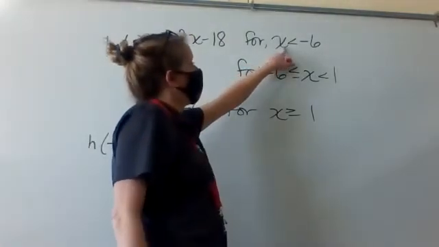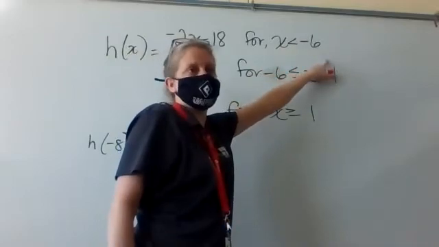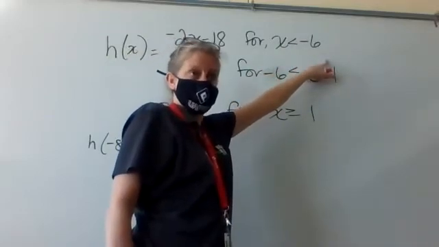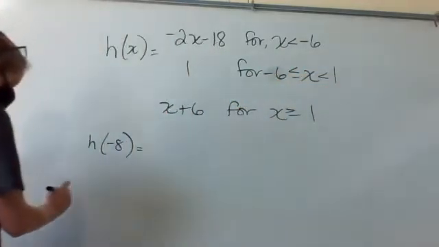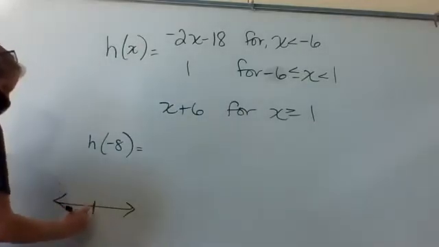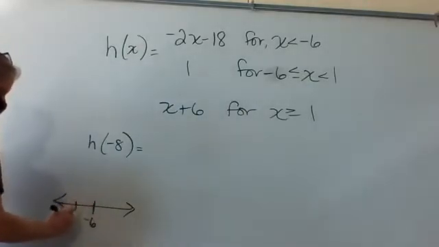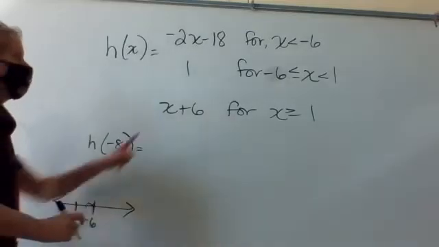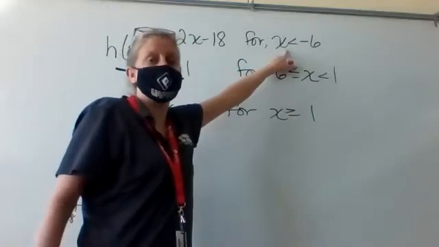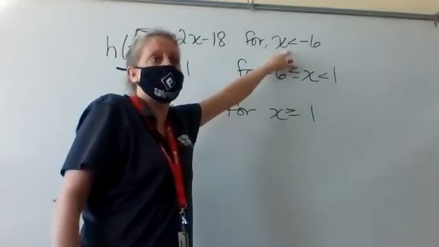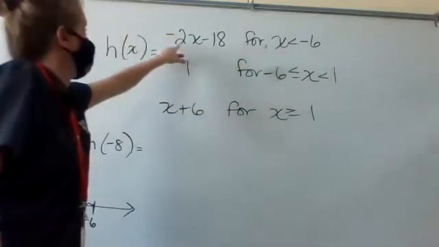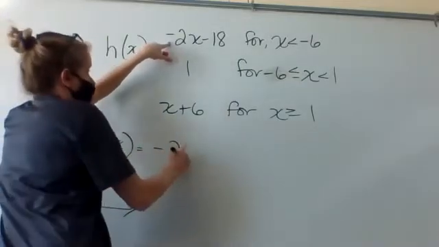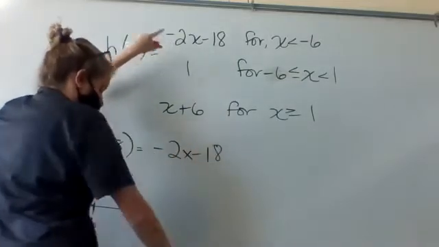So is negative 8 less than negative 6? Yes, it is. If negative 6 is here, negative 8 is here. So negative 8 is less than negative 6, which means it does go in this piece, right? Negative 8 falls in this piece, which means I'm using negative 2x minus 18.